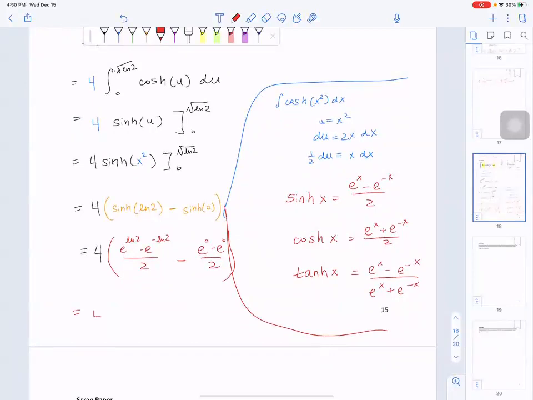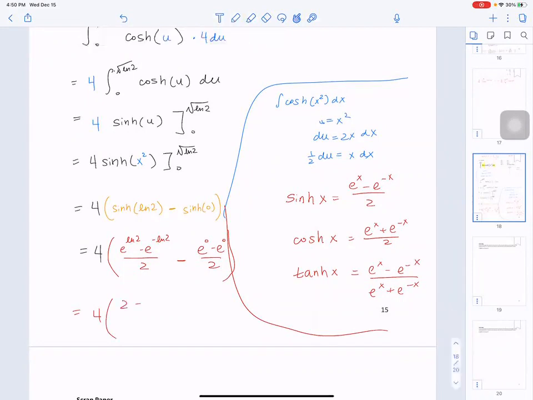So we get 4 times, what is e to the natural log 2? That's 2. Minus, be careful about when you're simplifying this, e to the negative natural log 2. That is 2 to the negative 1, because you move the natural log next to the e. So it becomes e to the natural log 2 to the negative 1.